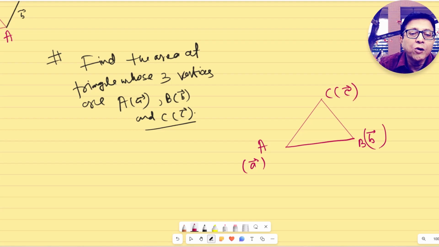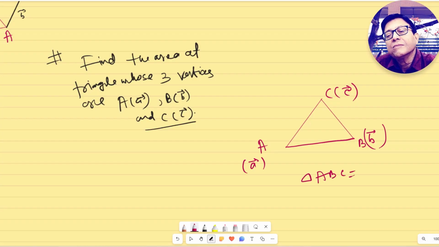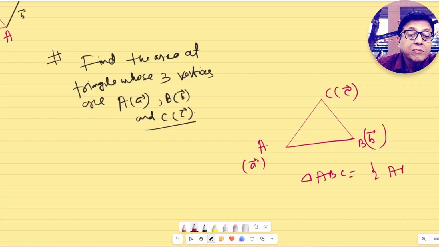Find the area of this triangle whose three vertices are given by A, B and C. How to find? Very easy. You will remember this formula. It is half A cross B.